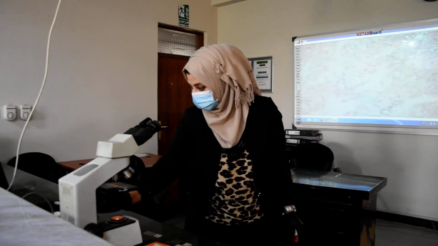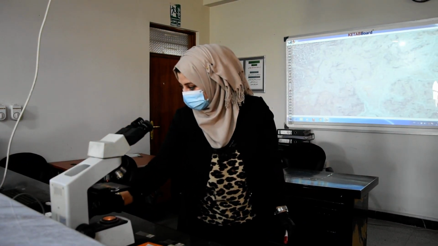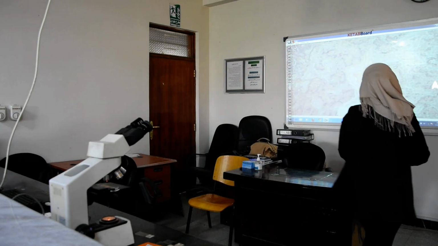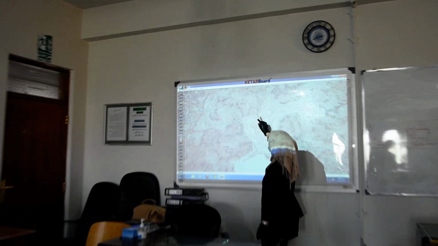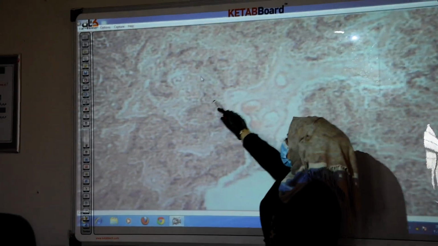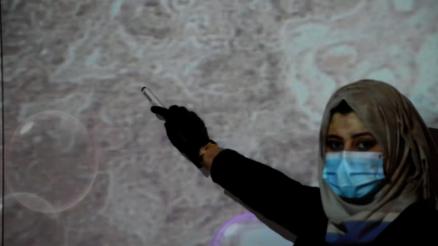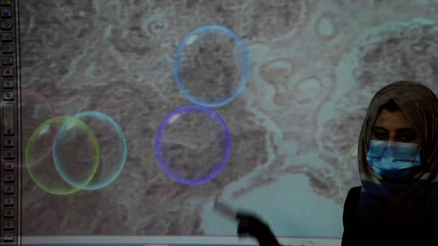The last part is the medulla. Okay, like this. These are the medulla. Also, we can find sinuses and cords.